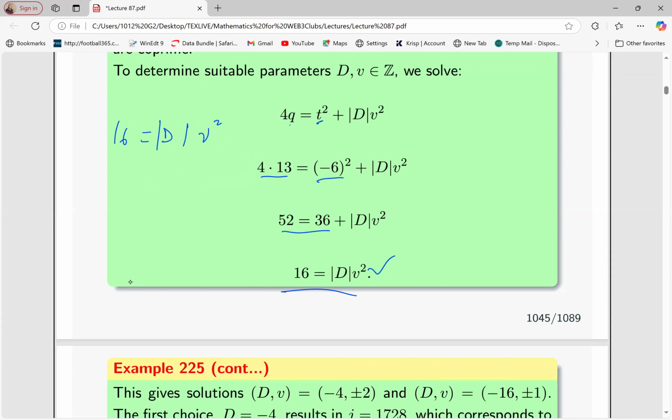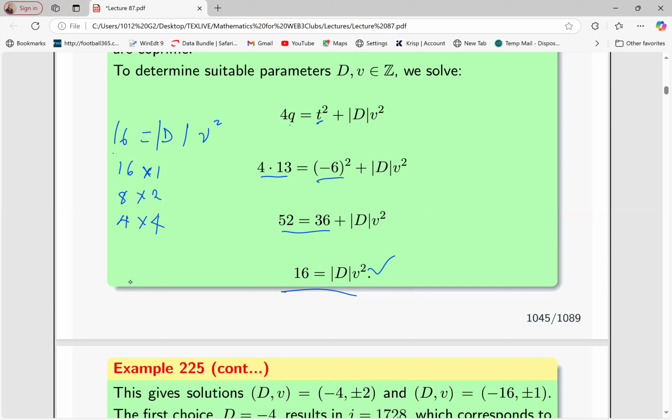What are the possibilities of getting 16 as a product of two numbers? One possibility is 16 times 1. We can also have 8 times 2. We can have 4 times 4. These are the three possibilities of having 16 written as a product of two numbers.